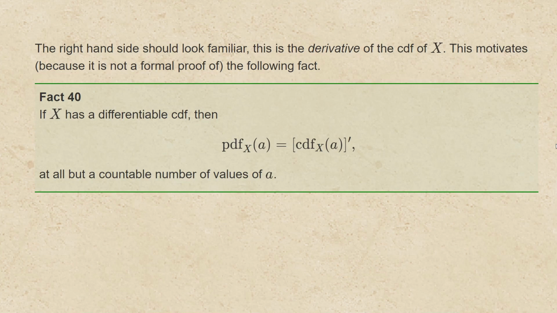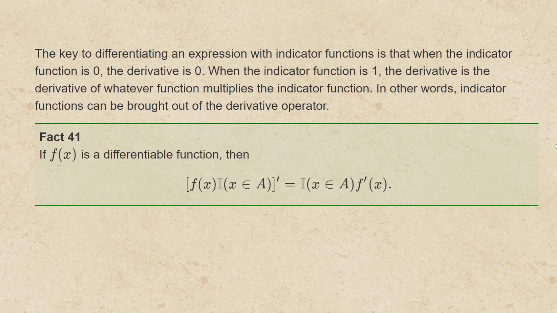Sometimes a CDF won't have a derivative everywhere. It'll have some sharp turns in it, but that will generally only happen at a finite or a countably infinite number of values. So the key to differentiating an expression with indicator functions is that when the indicator function is 0, the derivative is 0.